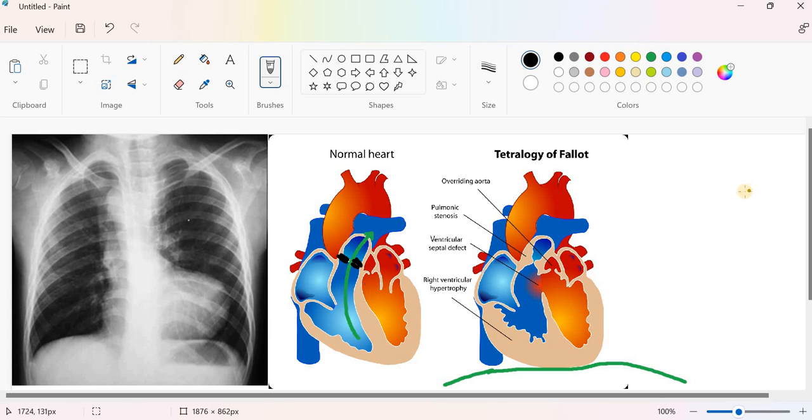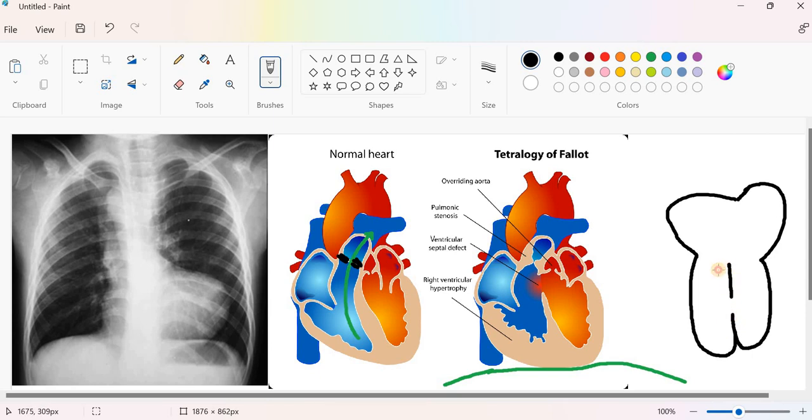If I scribble a little bit of a diagram about the heart, which is a very simple diagram, it has nothing to do with the normal view of our real heart. So here, this is the interventricular septum. This is the pulmonary, this is the tricuspid valve. This is the mitral valve. This is the interatrial septum. This is the interventricular septum.